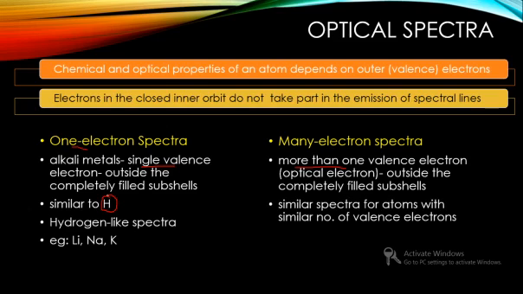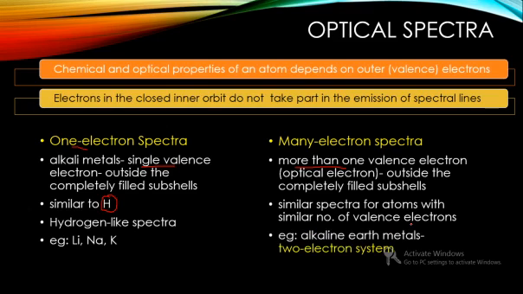And in many electron systems, the pattern is like this. A similar spectrum will be obtained for atoms with a similar number of valence electrons. That is, if some atoms have 2 valence electrons, those atoms will show a similar spectrum. If there are 3 valence electrons, those atoms will show a similar spectrum.